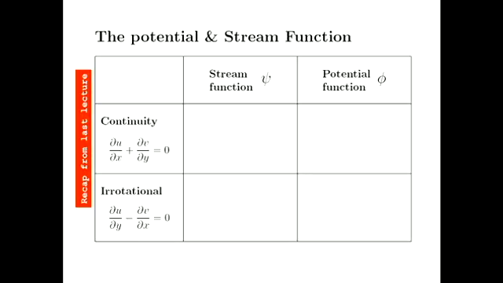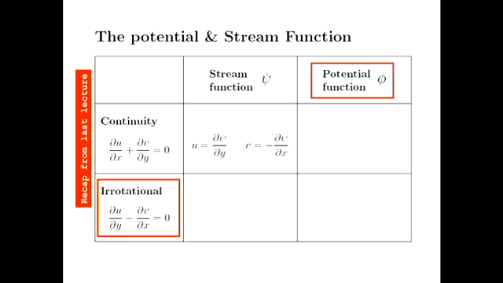Okay, so this is your kind of cheat sheet, and I'm going to give you a few more cheat sheets of things that you need to wrap your head around. So for this course, we have to satisfy continuity and momentum, and we can distill satisfying those momentum equations down to just satisfying that irrotational condition. So the stream function was defined in such a way that it automatically satisfied continuity.